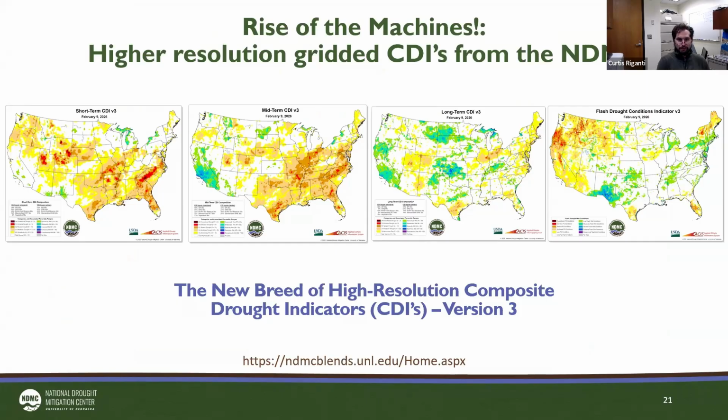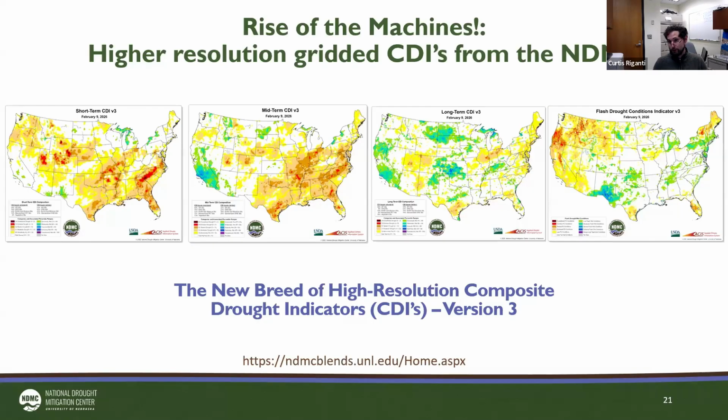This is taking advantage of recent machine learning technology, where we can take different types of data that we look at, such as precipitation, the balance between precipitation and evaporative demand, vegetation health, and soil moisture data, and create these statistical blends as initial first guesses that we can overlay over the previous week's map, with their own drawbacks, that give us an initial picture of what short-term drought conditions might look like statistically, what mid-term and long-term drought conditions might look like, and then what flash drought conditions look like.